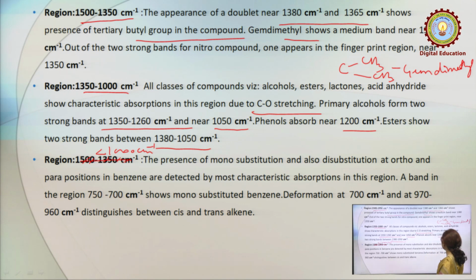A band in the region 750 to 700 cm⁻¹ shows monosubstituted benzene. Deformation at 700 cm⁻¹ and at 970 to 960 cm⁻¹ distinguishes between cis and trans alkenes.